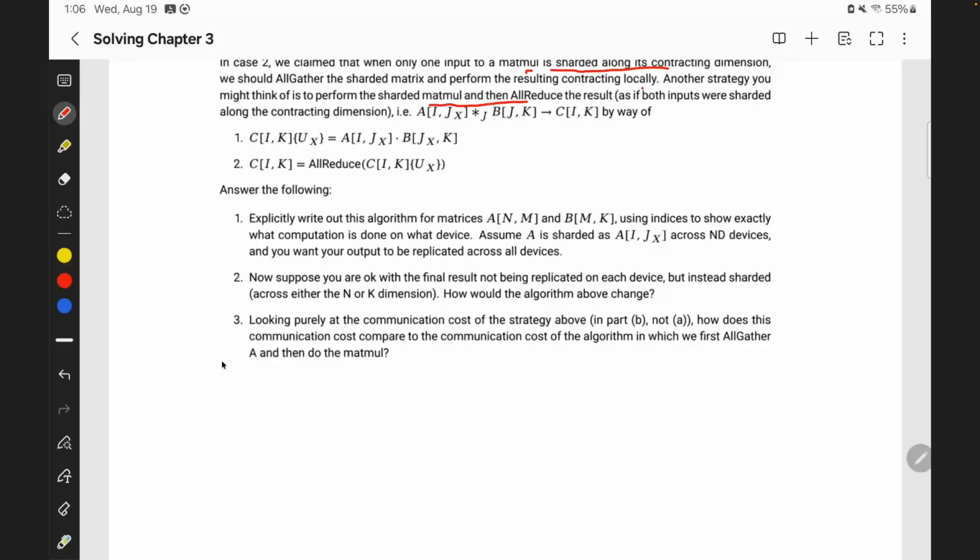So this question is mainly asking which one you would prefer. The main caveat is, if you don't want things to be replicated, which one would you prefer here?